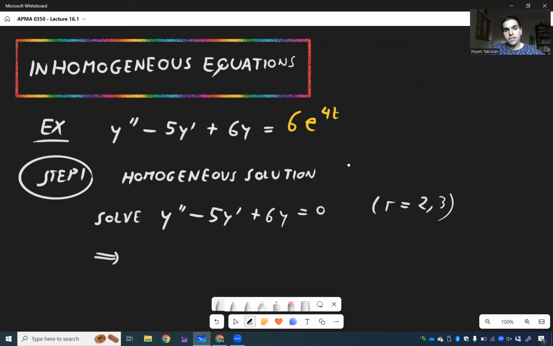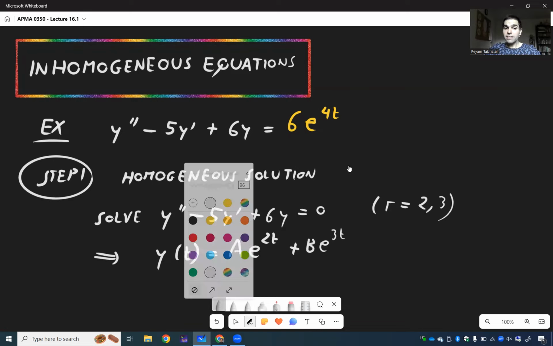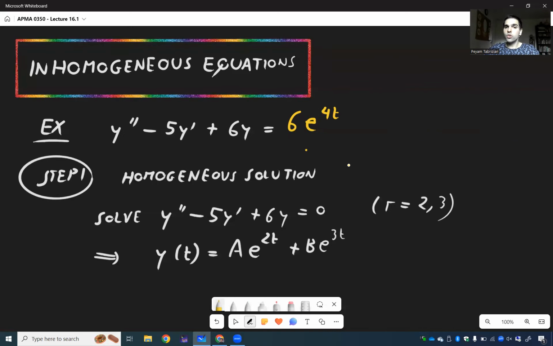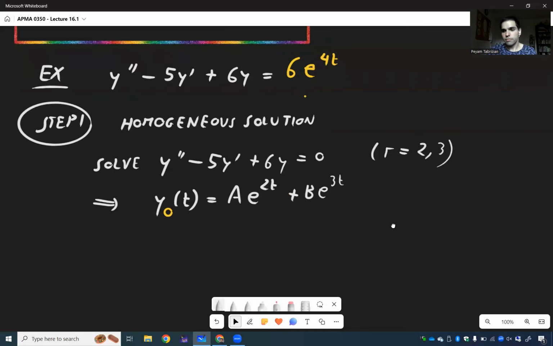In this case, we get y of t equals ae to the 2t plus be to the 3t. But to specify that it's a homogeneous solution and not the original solution, we write a little circle. So y0 is ae to the 2t plus be to the 3t.